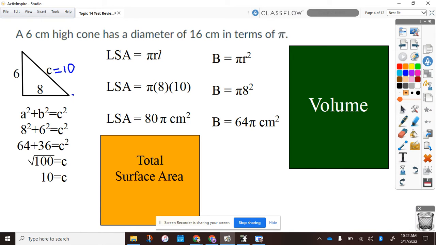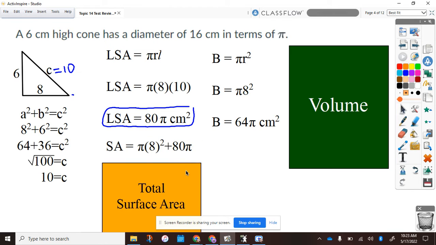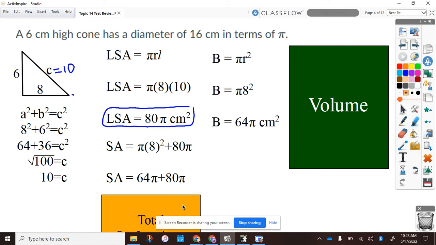This number right here is not going to be an answer that you actually type into Canvas. This is something that we're going to use to find total surface area, and we're going to use it to find volume. Okay? In total surface area, we've got pi r squared plus lateral surface area. 64 pi plus 80 pi, 144 pi. Okay, that's one of the ones that you would type in as an answer.